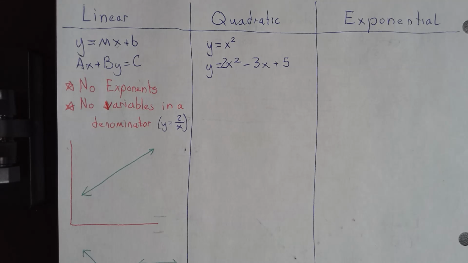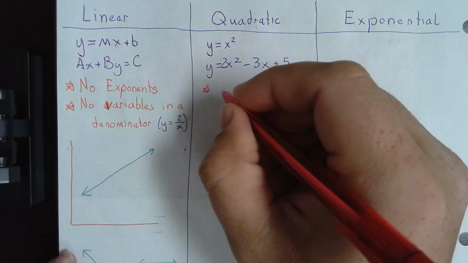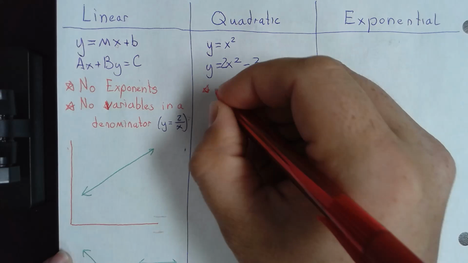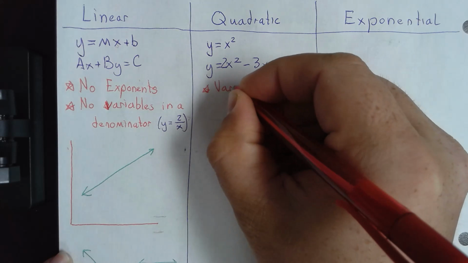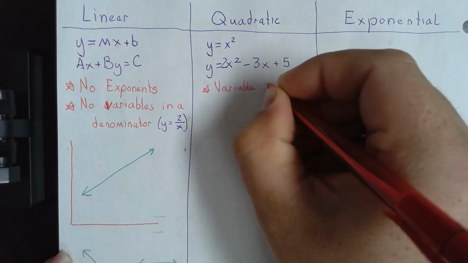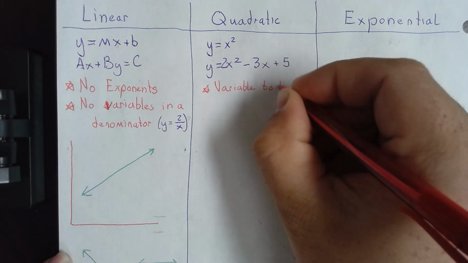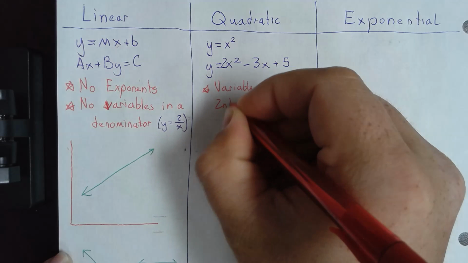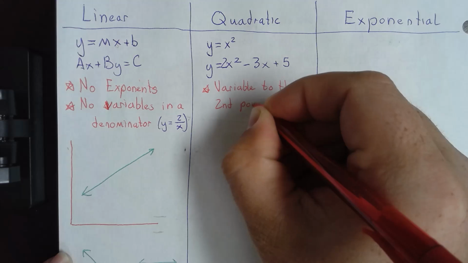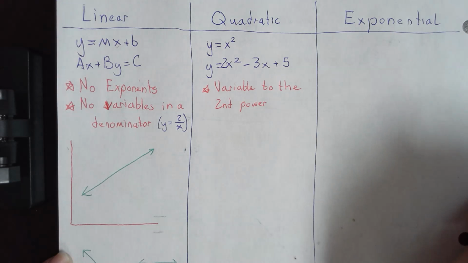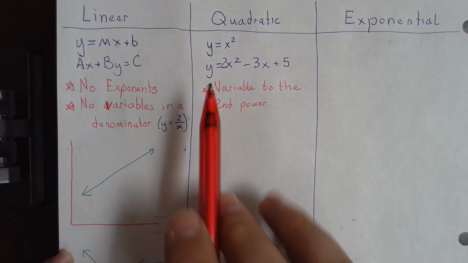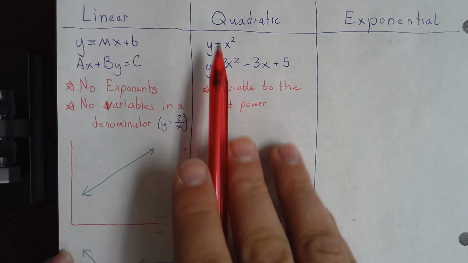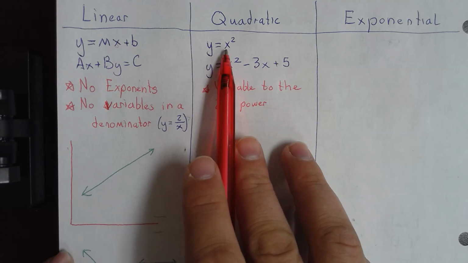The way we tell whether something is quadratic or not is that we have a variable to the second power. So in each of these cases, y equals x squared, we have x to the second power.